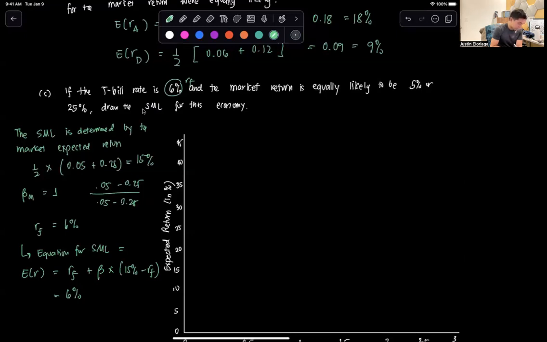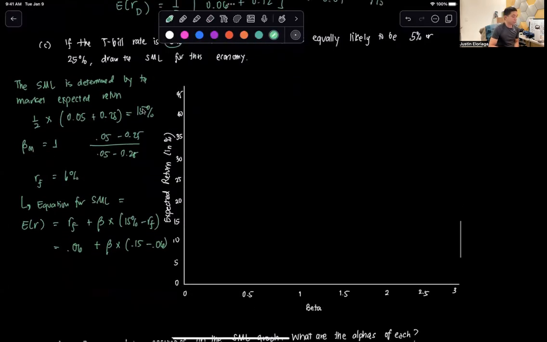So we have 6% plus beta times 0.15 minus 0.06, so in decimal form. Meaning if the y-axis is expected return, we're going to start at the intercept of the risk-free rate, which is 6, so it's roughly here, and it's going to be sloping upward at this particular slope because that's going to be a positive number.